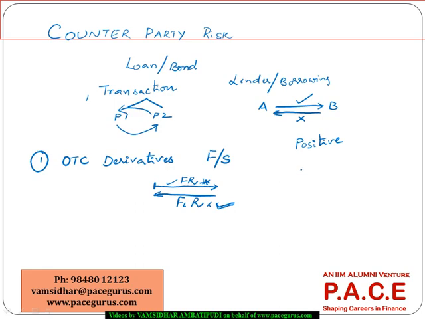Probably the big difference that you can see between a market risk and a counterparty risk is, in a market risk, I see that the value of my portfolio becomes negative because of change in prices or interest rates and all.